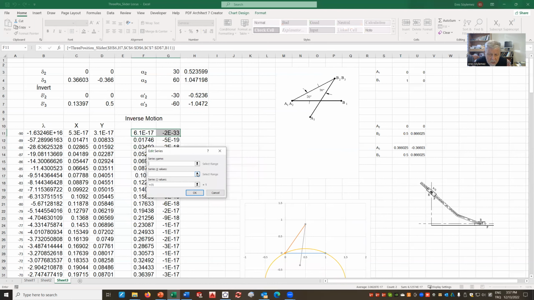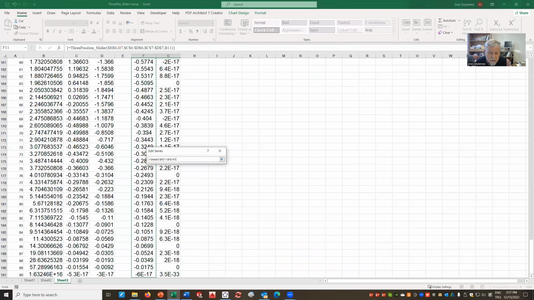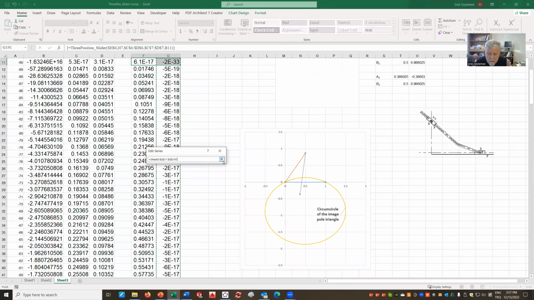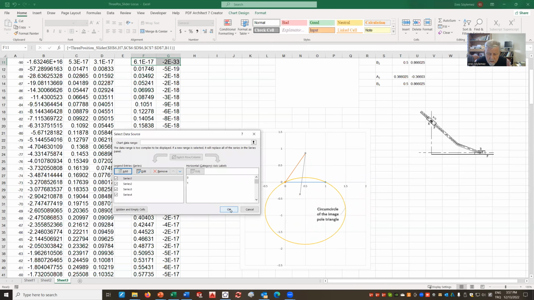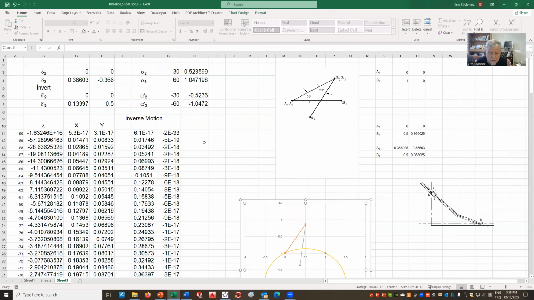Add X values. Y values. Oh, I have a mistake. I will cancel and try to find that mistake.